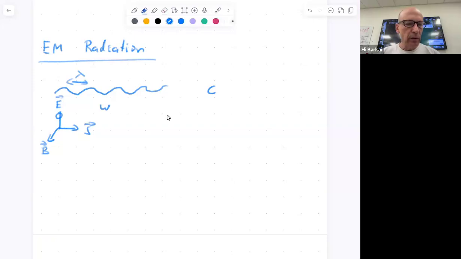We have the magnetic field that in principle is also time dependent and spatially dependent. And we have the Poynting vector, S. It's going to be very important in this class today. Why is it important? Because of what we're going to do today.